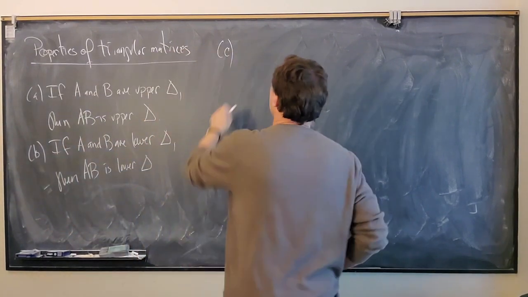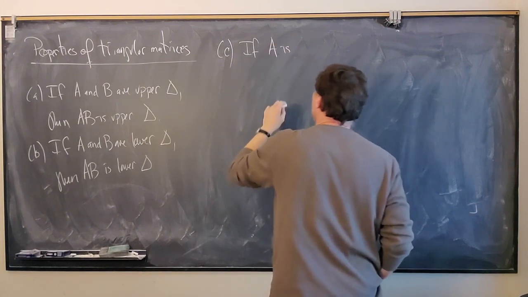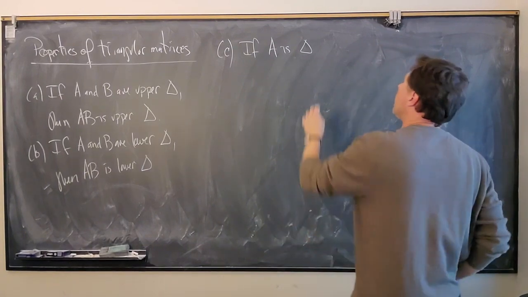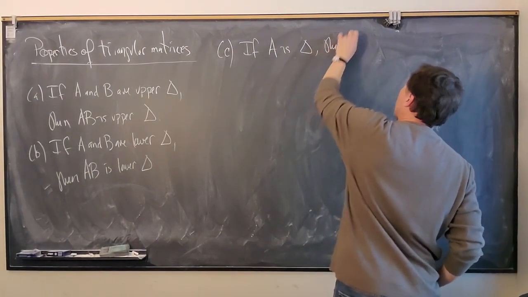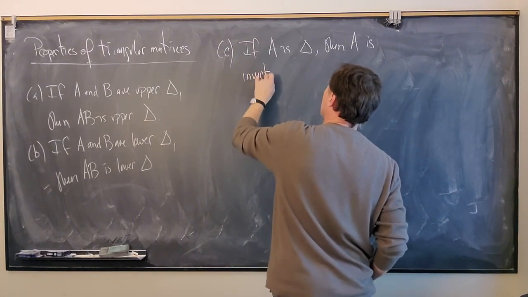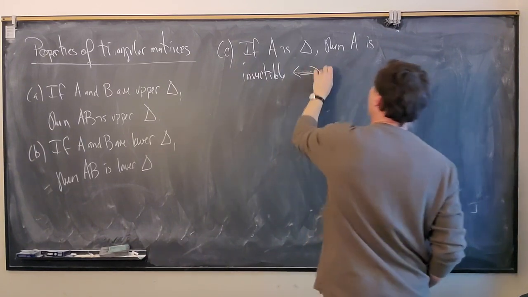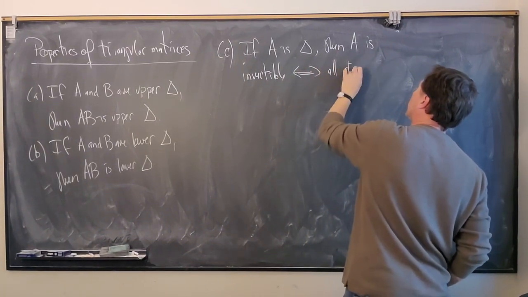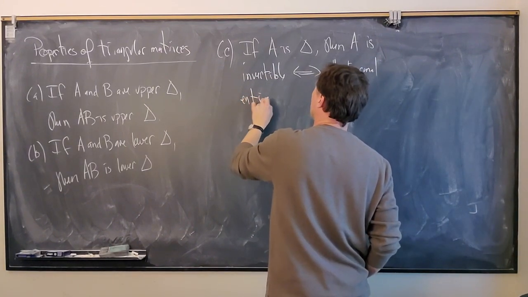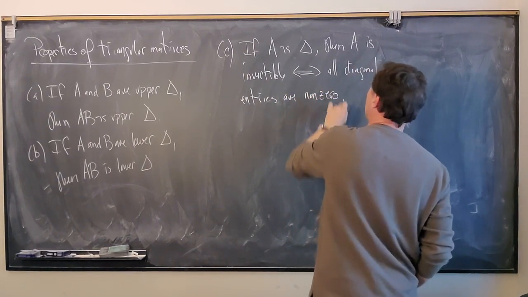if A is triangular, so either upper or lower triangular, then A is invertible if and only if all diagonal entries are non-zero.